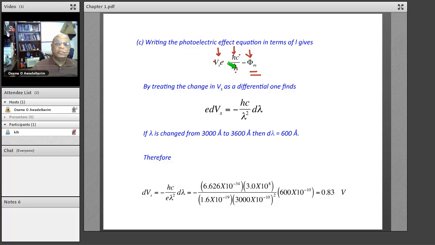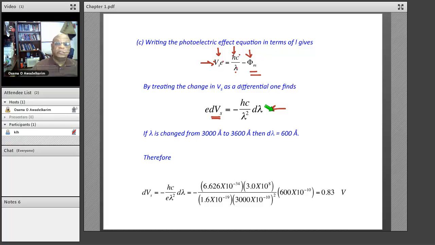So we can differentiate, create a differential of this equation. If we differentiate, we get e dVs, that's the differential of the left-hand part. And differentiating 1 over lambda, we get minus 1 over lambda squared d lambda. So that's the differential of the second part.